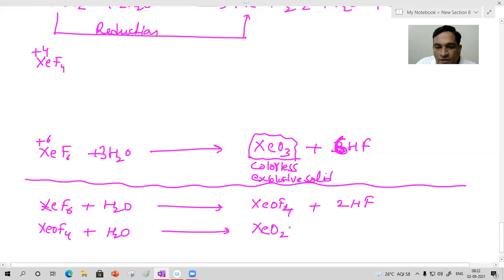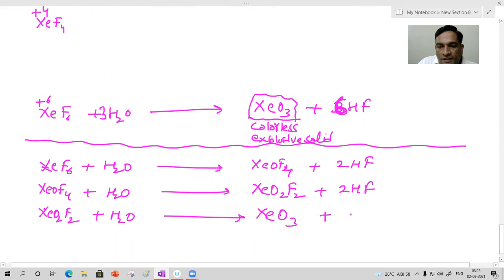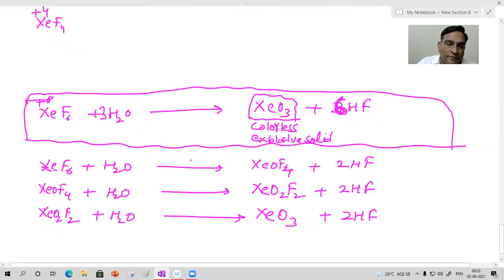We are getting XeO2F2 plus 2HF. Again, my dear, XeO2F2 plus H2O gives XeO3 plus 2HF. Now, this is the main reaction, and this is the mechanism.